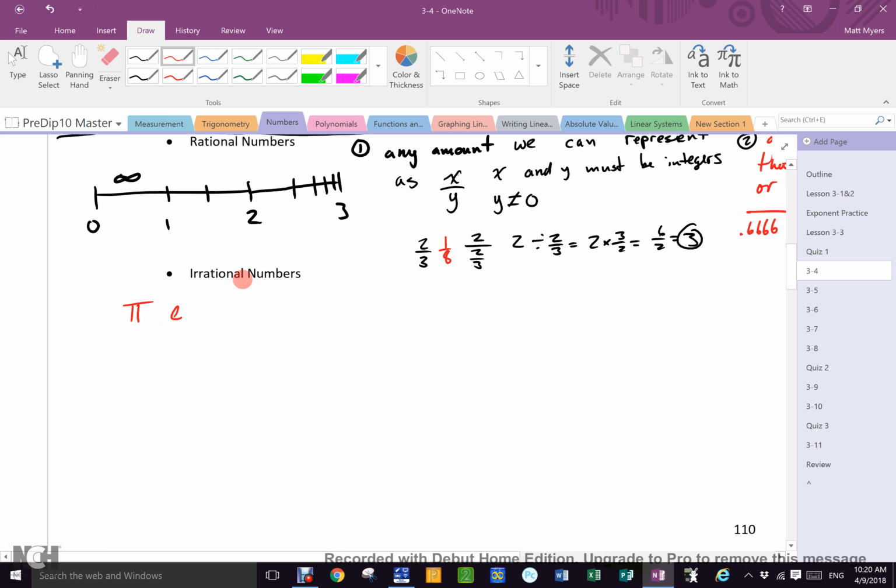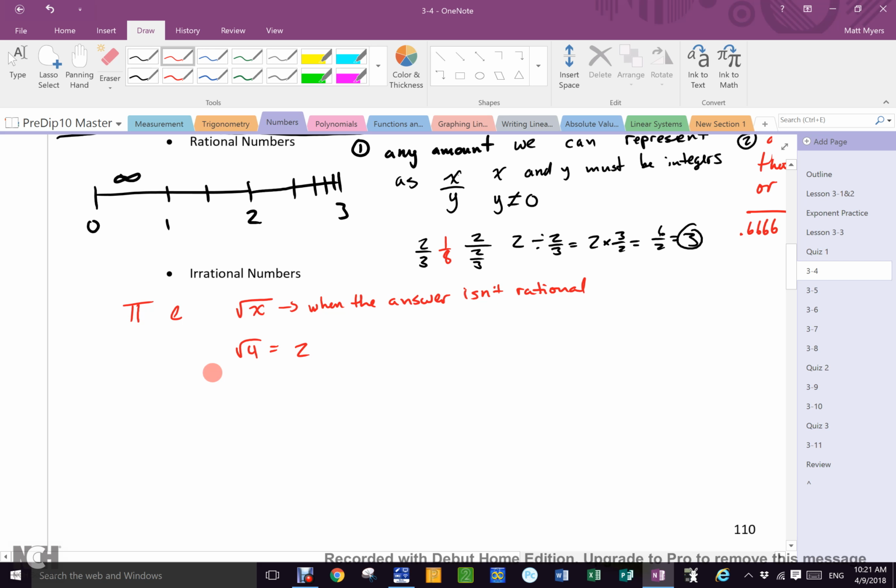The other irrational numbers are these guys, square roots. But not all of them. They're square roots when the answer isn't rational. So what's the square root of 4? 2. Is 2 rational? So the square root of 4 is rational.